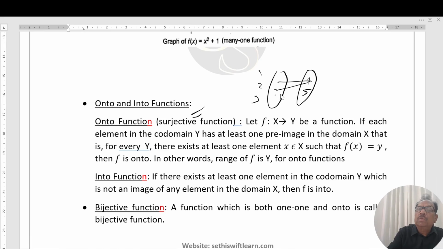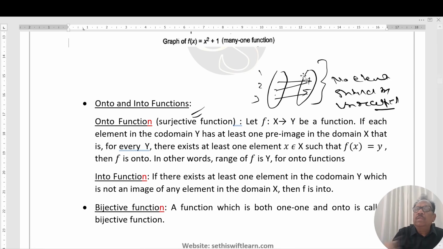In this case, no element should be unoccupied.